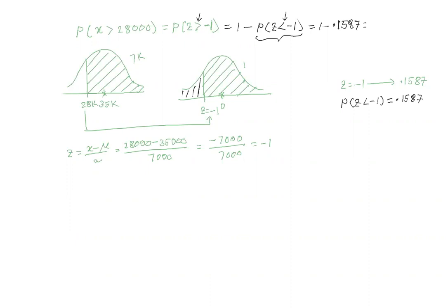If you subtract, 1 minus 0.1587 is 0.8413, which is 84.13%.